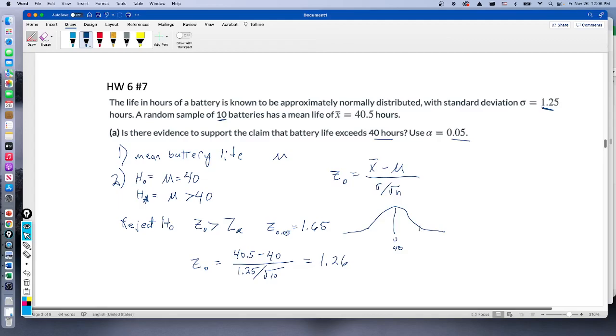So 1.65 would be like here. We've got a z-value of 1.26. Well, where's 1.26? It's like here.